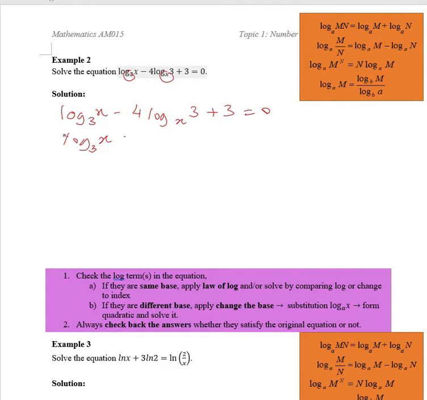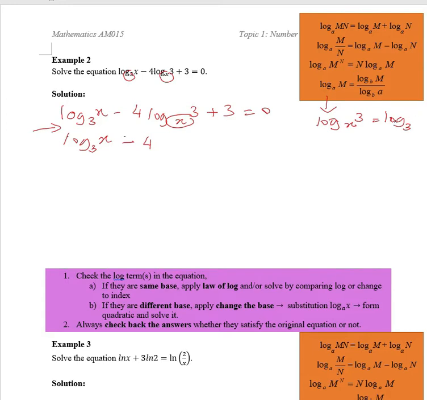So which base are we going to change? Is it the base 3 or base x? I prefer to change this base x. You can do either way. So to change this base, use this formula. So since we want to change log 3 base x, so this will be on the left side, and on the right side we want to change base x to be the same base as 3, as the other log in the question.